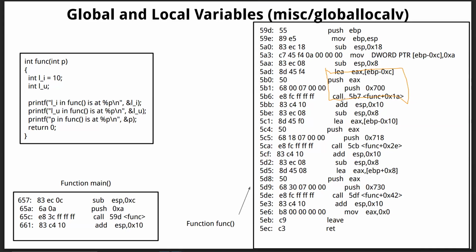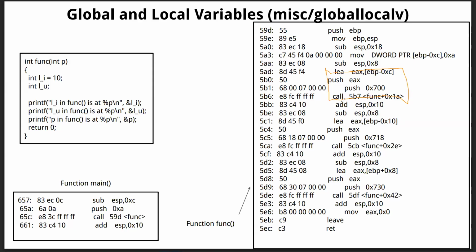This instruction will give you an address. The address is EBP minus 0xC. EBP points to somewhere on the stack. Minus C will be a little bit lower. And that is the address. We're moving that address to register EAX. Then we push the address onto the stack.